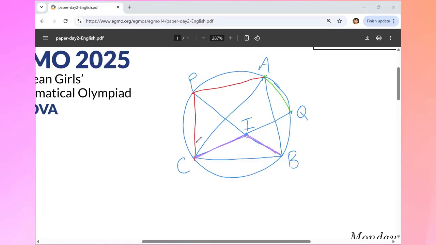So that means these chords are going to be of the same length. We talked about that, remember? That means AQ is equal to QB. Yes, QB, that makes sense.